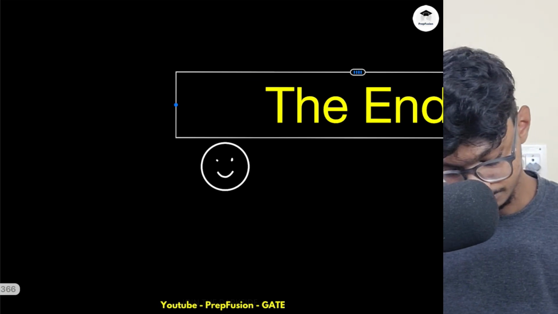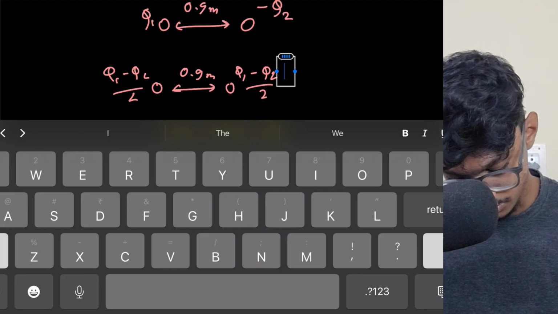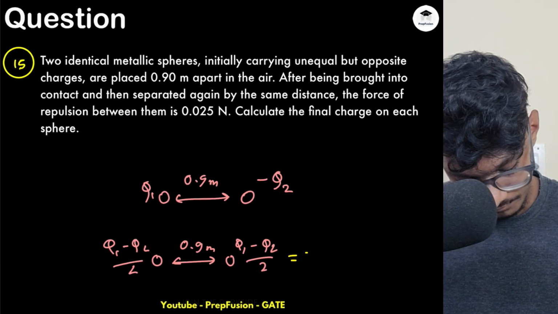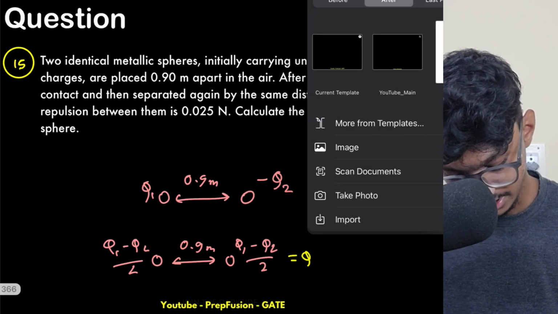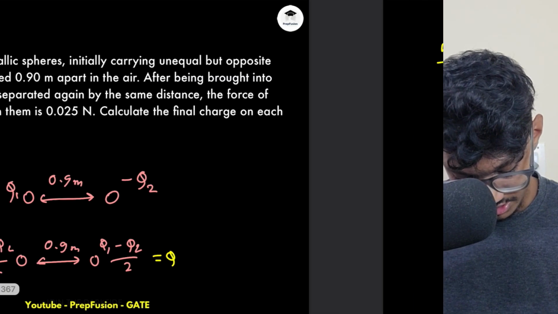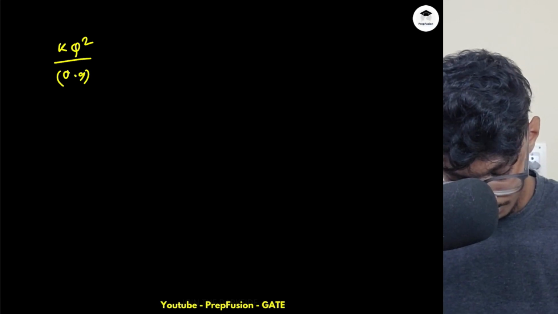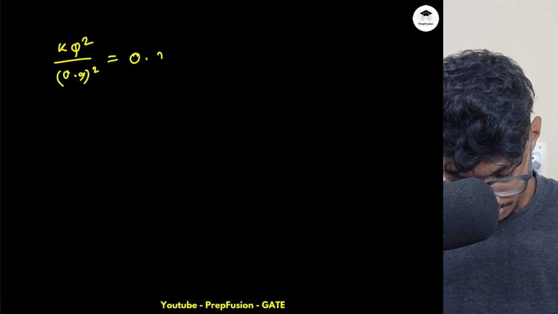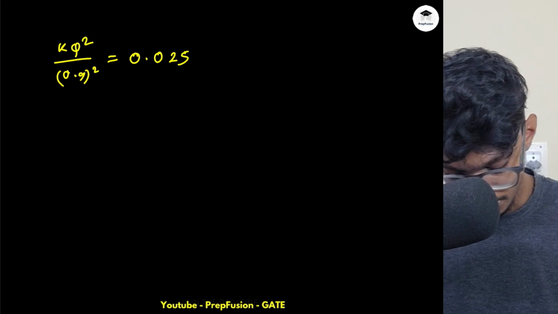So let's assume this charge equals some charge Q. The force they are telling us is 0.025 Newton. So K Q square by the distance, 0.9 meter square, should equal 0.025. K is how much?